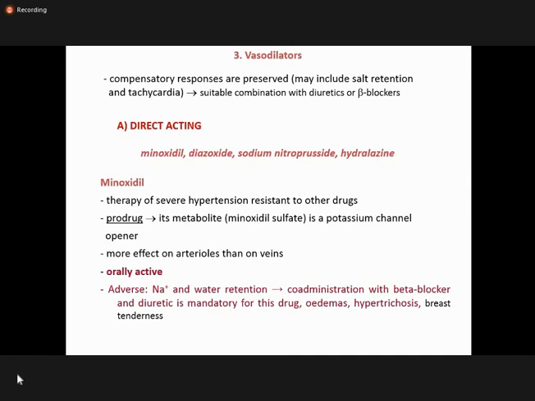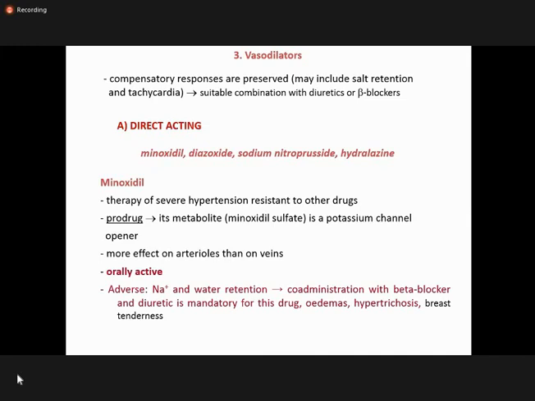It's a prodrug and its metabolite minoxidil sulfate is a potassium channel opener. This is important, the mechanism of action, and that will lead to hyperpolarization and it will relax the smooth muscles. More effect on arterioles than on veins, right? That means it can relax the arteries as well as veins, but the predominant effect is on arterioles.